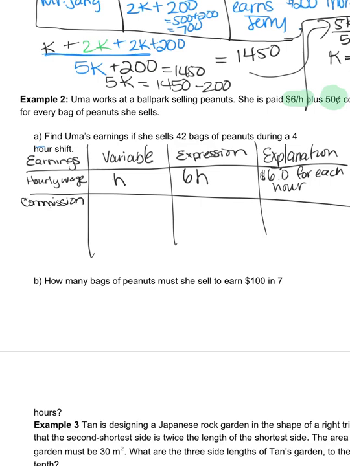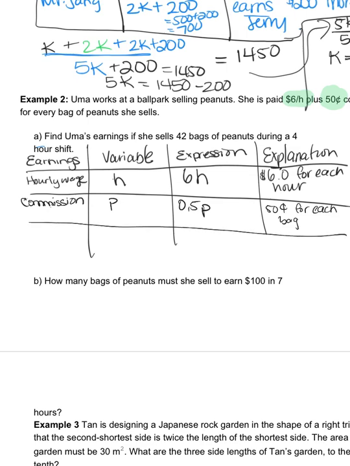So an incentive to sell. So let's make that P. And because of peanuts, for every bag of peanuts that she sells, she makes 50 cents. So that's 50 cents, 0.5, right? 50 cents times each bag of peanuts. Okay, so those are our variables here.